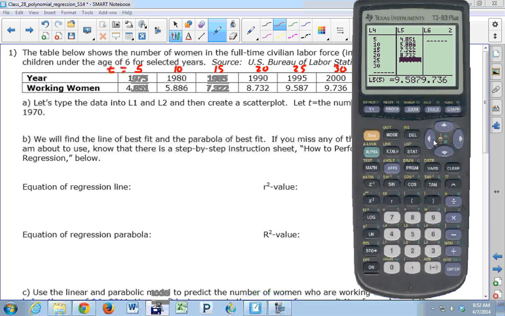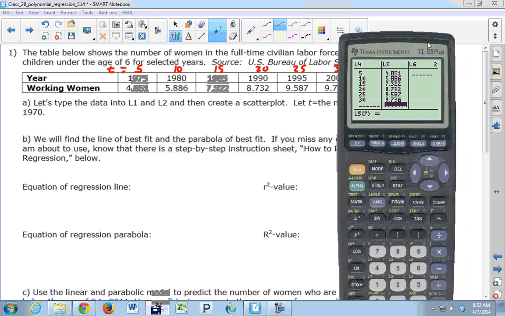Oops, I messed up. Clear. 9.587, enter. That always helps to enter. 9.736, enter. Okay, so I've got my two lists in.